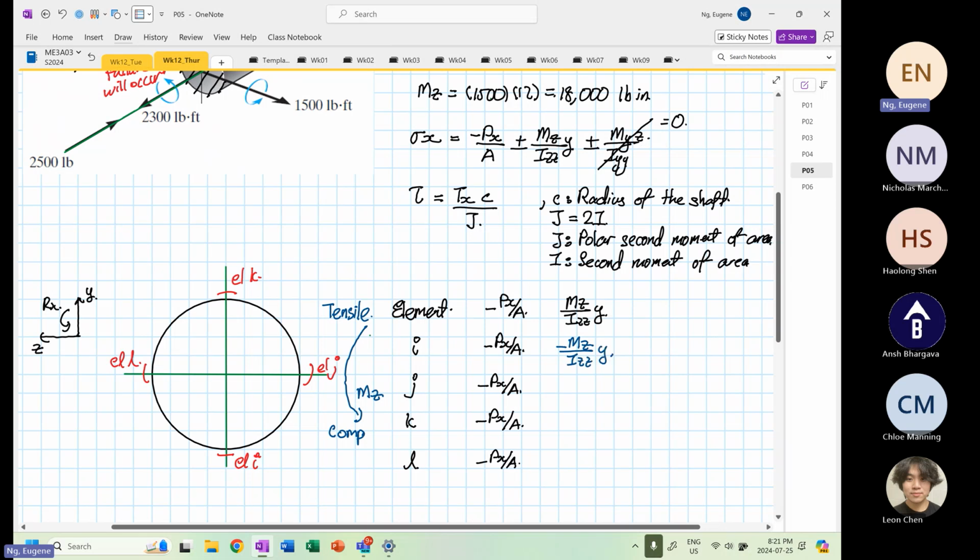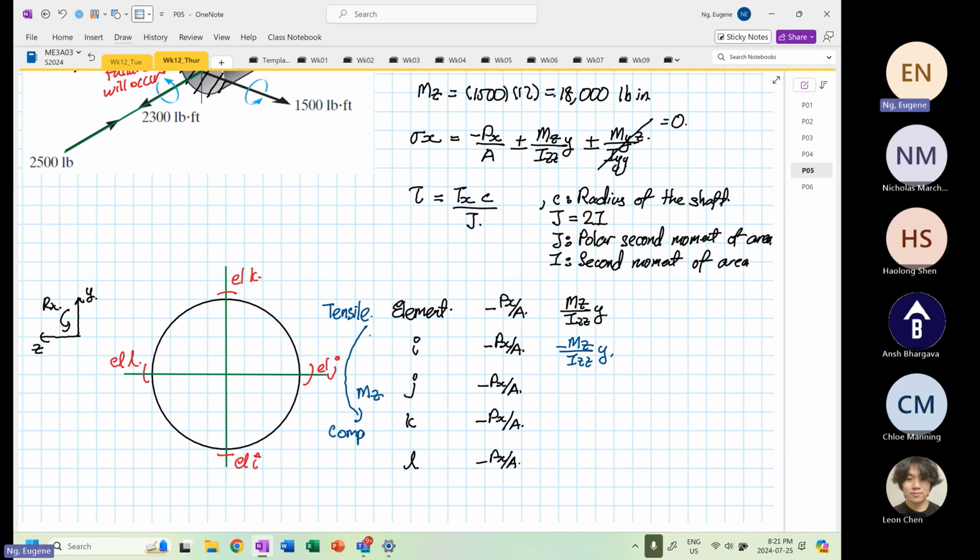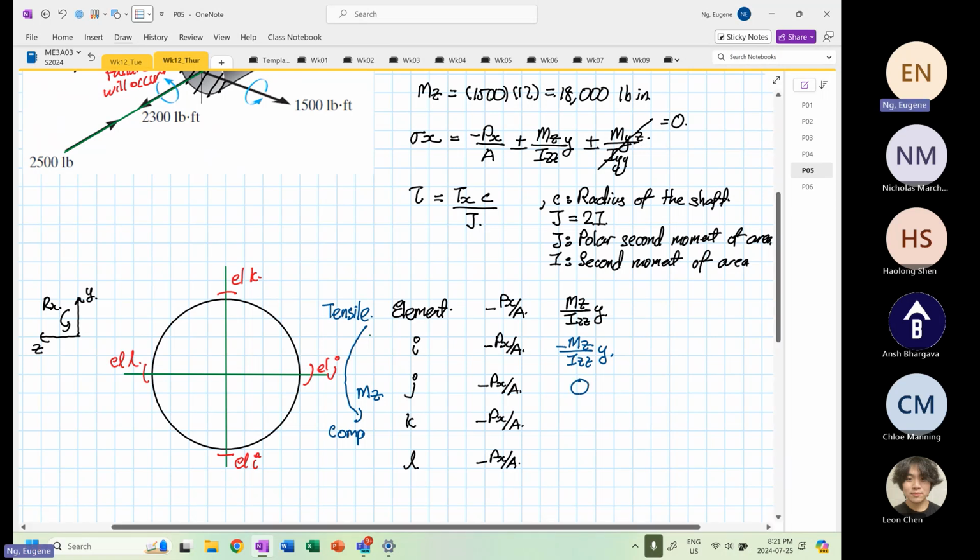Element J is on the neutral axis, which is equal to 0. Element K is in tension, so this is positive. And element L is on the neutral axis, which is equal to 0. And then finally, we have Txc over J.